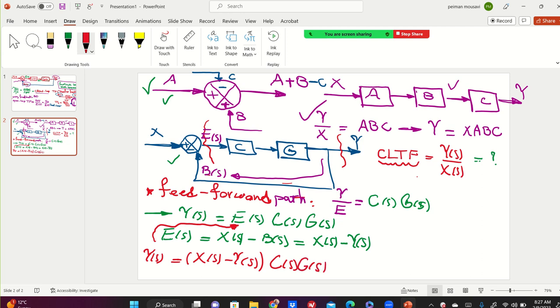For simplicity, I drop S because we know that everything is in S. So if you move the Y's to the left hand side, your Y is going to be, with one factor out, CG, and here it's going to be XCG.